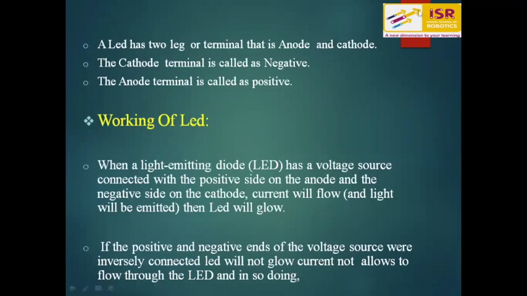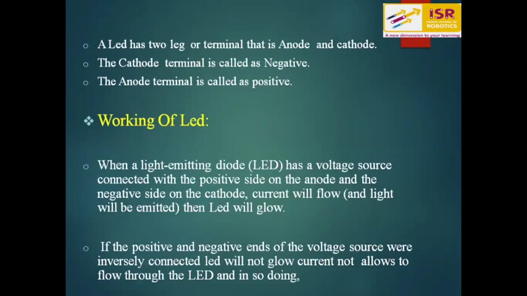Now let's see the working of your LED. When a light emitting diode has a voltage source connected with the positive side on the anode and the negative side on the cathode, current will flow, then your LED will glow. That means your LED connected in a circuit will only glow if you connect the positive terminal of the battery with the positive terminal of your LED and the negative terminal of your battery with the negative terminal of your LED.